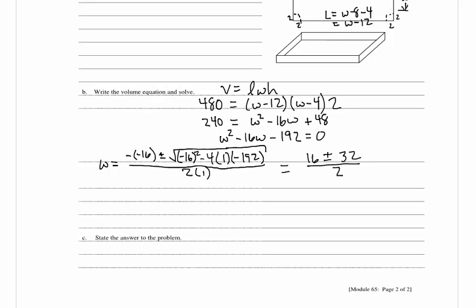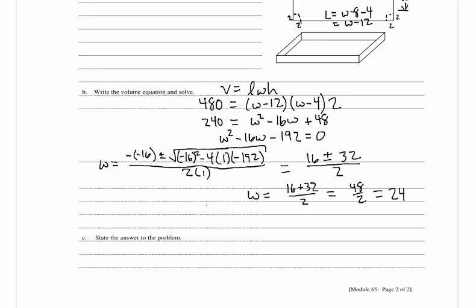And now our numerator is 16 plus or minus 32, and W represents a length, and we can't have negative length. So we're not going to worry about 16 minus 32 divided by 2. We're going to look at W is equal to 16 plus 32 divided by 2, which is equal to 48 divided by 2, which is equal to 24.